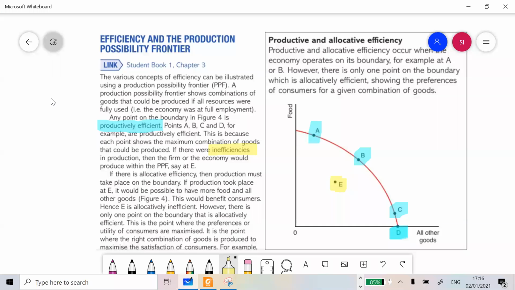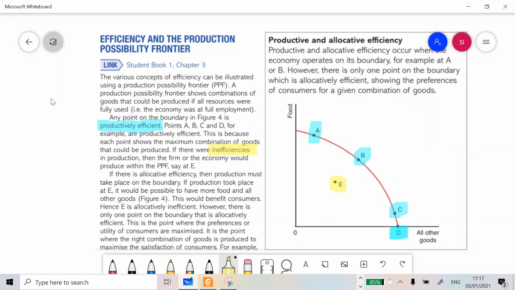If there is allocative efficiency, then production must take place on the boundary. On the boundary means on top of the red curve, the PPF curve. If production took place at E, it would be possible to have more food and other goods. This would benefit consumers. Hence, E is allocatively inefficient.